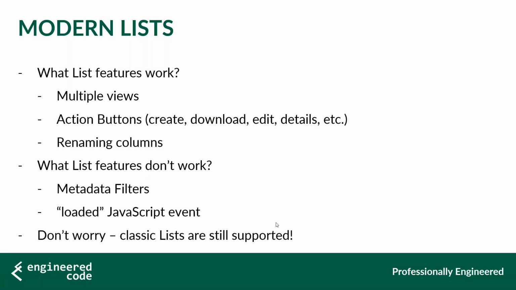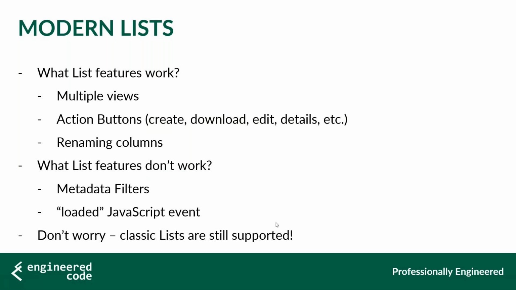That doesn't exist for modern lists. So it makes it, impossible is maybe not too strong of a word, but difficult to interact with the table in a documented, supported way, because you have to be on the lookout for every time the infinite scroll fires and adds more data to the table. There's no documented event to handle that particular situation.